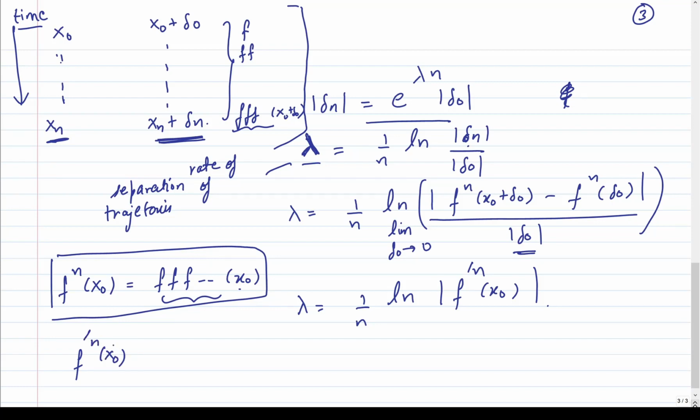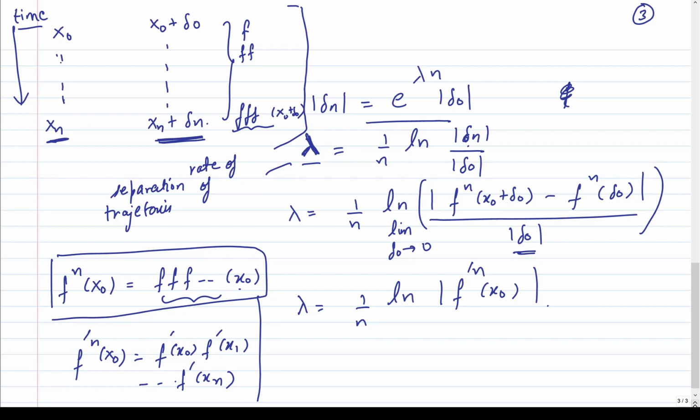The chain rule is going to yield the derivatives along all the iterates of the map. You can check that. That's basically the chain rule of differentiation applied over here.